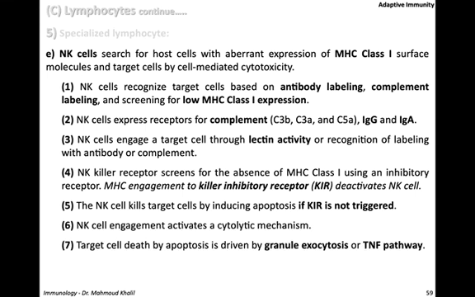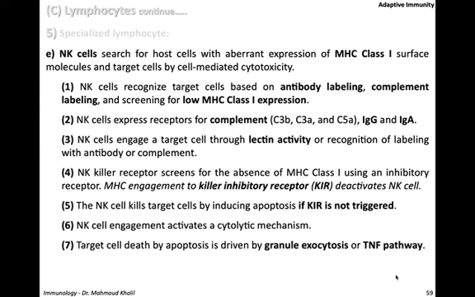The NK cell engagement activates a cytolytic mechanism, as we know before, and this target cell death by apoptosis is driven by granule exocytosis or the TNF pathway. If you remember from the animation we saw before in lectures, NK cells can attach to the target cell and start to secrete some of their granules inside the target cell to degrade it.